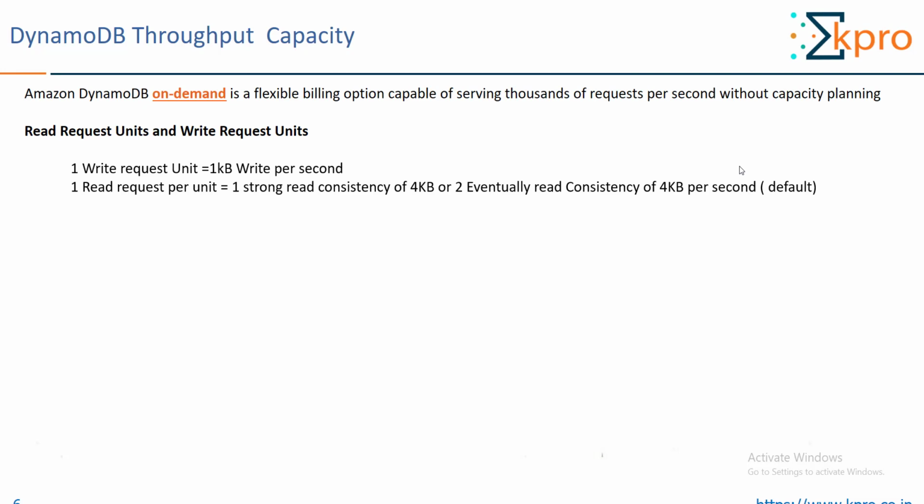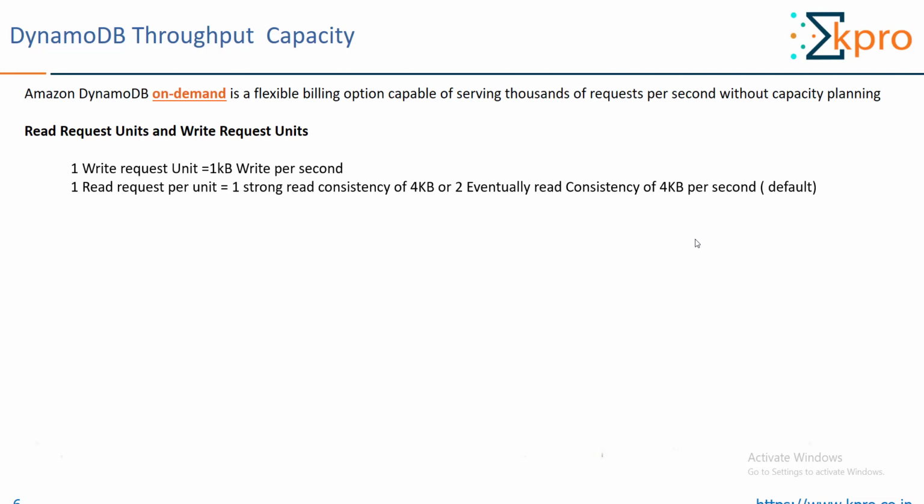One read request unit, if you have put a strong consistency read, will read 4 kilobytes. But if you are putting eventual read consistency, it will take 1 by 2, because one read request unit is equal to one strong read consistency for 4 kilobytes, or 2 eventual read consistency for 4 kilobytes per second. That is the default.